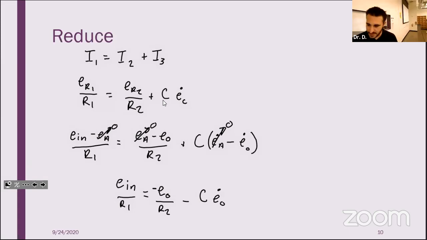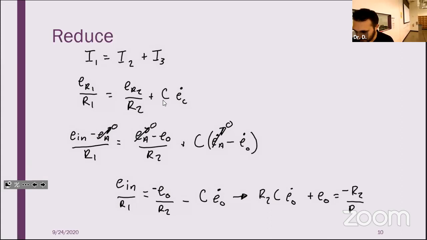Right, and just to clean it up a little bit, I'll rewrite it as R2 times C E dot out. So I'm going to multiply through by negative R2, plus E out equal to negative R2 over R1.